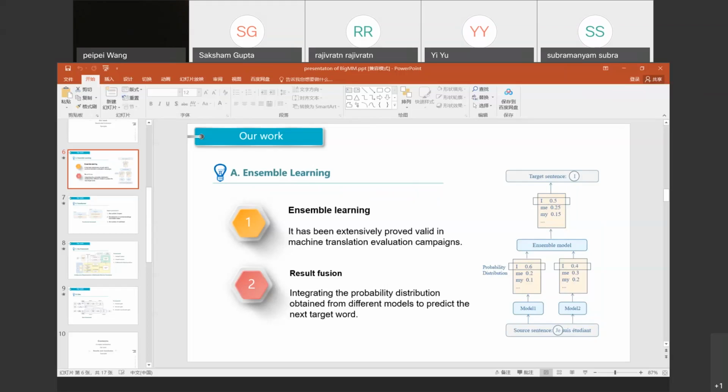Then we average these two models' results to get the final probabilities. We put the final probabilities into the two sub-models to obtain the next word probabilities. We repeat these steps until the end of the source sentence to complete the translation.